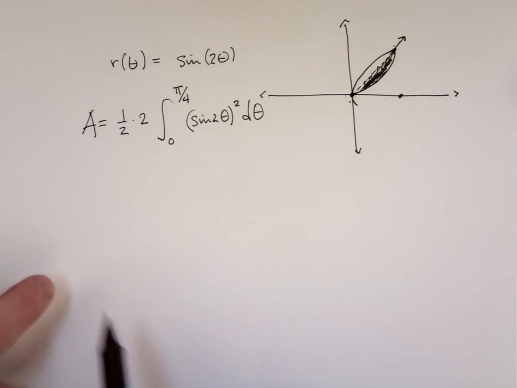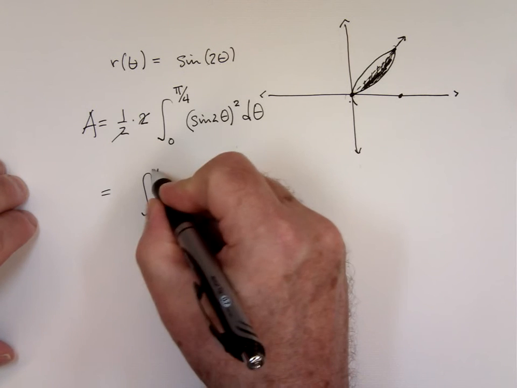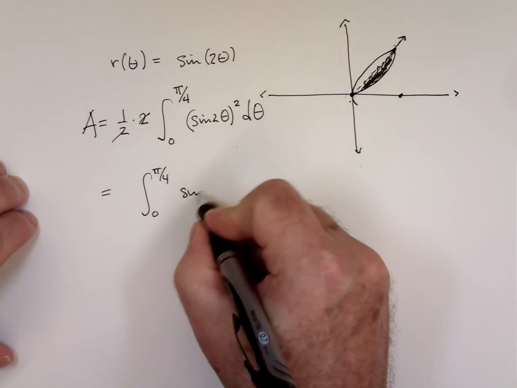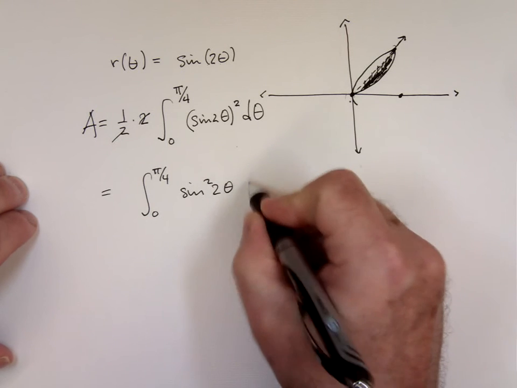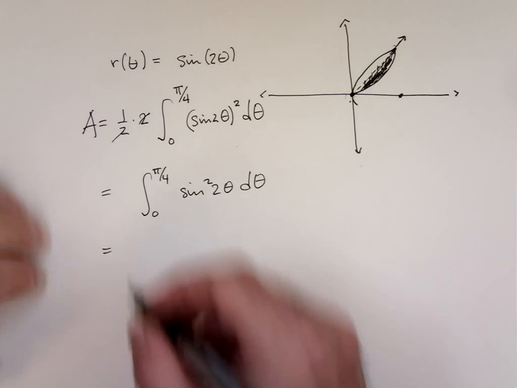How do you integrate this? Well, these cancel again. Square that. How do you integrate that? Might as well do it. Half angle, thank you.